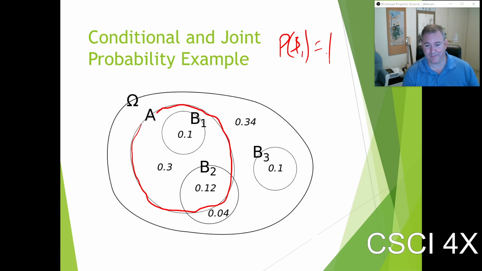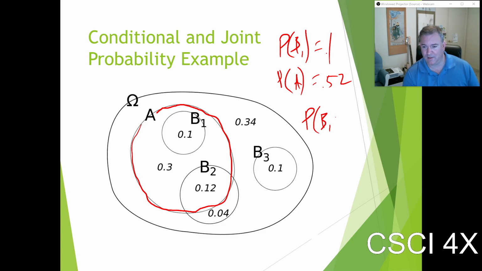It's bigger than that, because these numbers are not inclusive. They're separate. 0.52, very good. So the probability of A is 0.52.